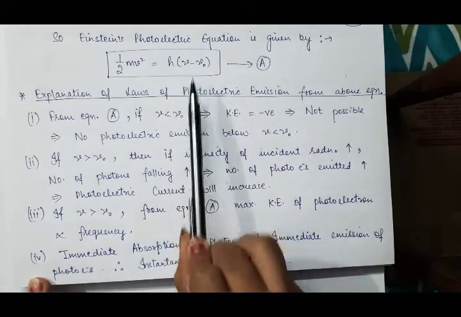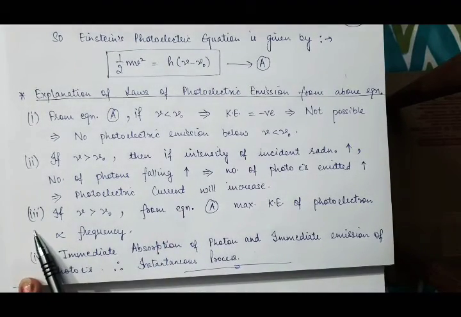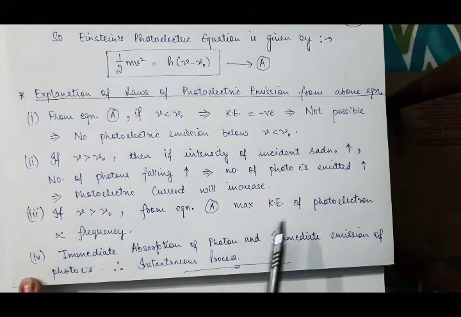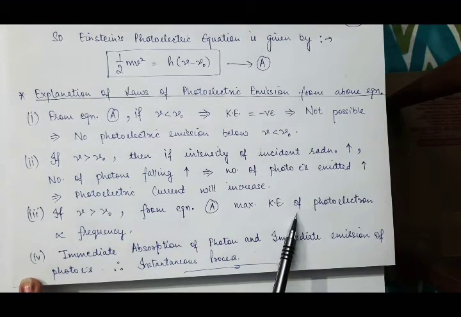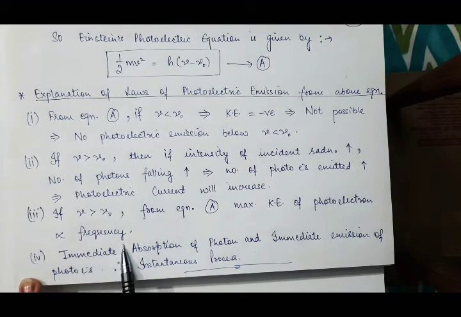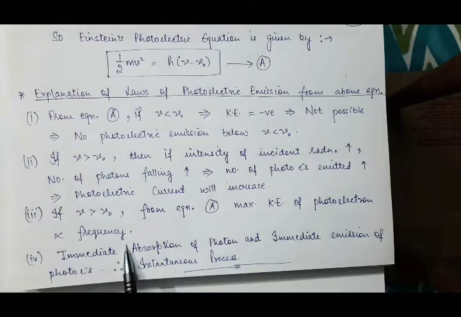So from this you can conclude the third law: for nu greater than nu naught, the kinetic energy of the emitted photoelectrons depends upon the frequency of the incident radiation and is independent of intensity.